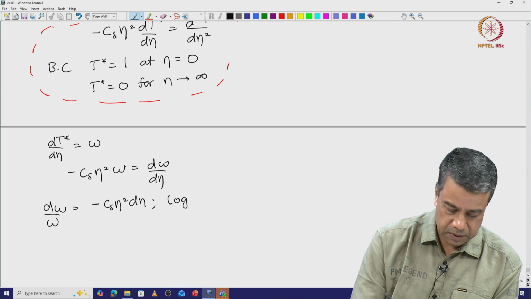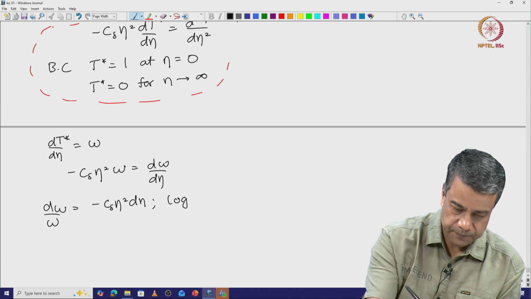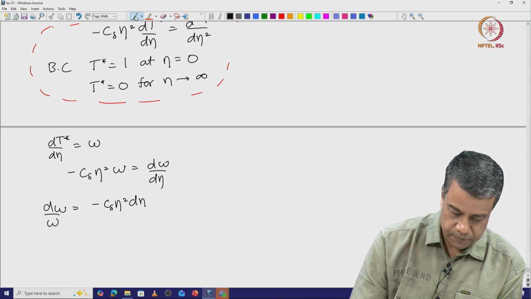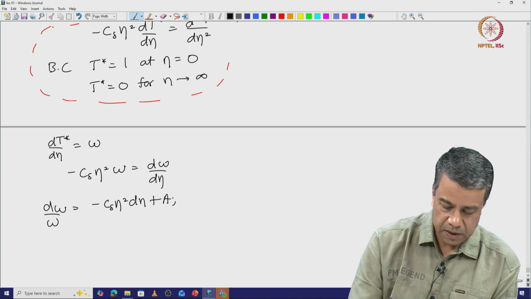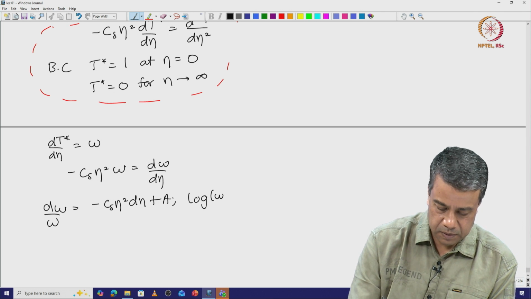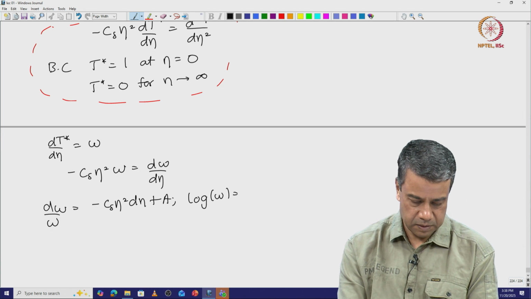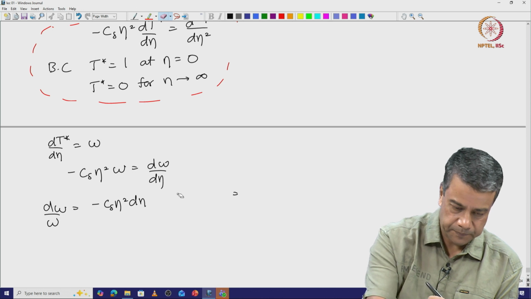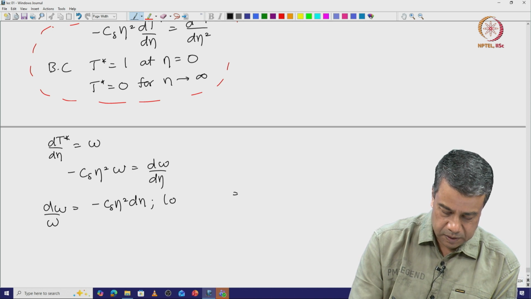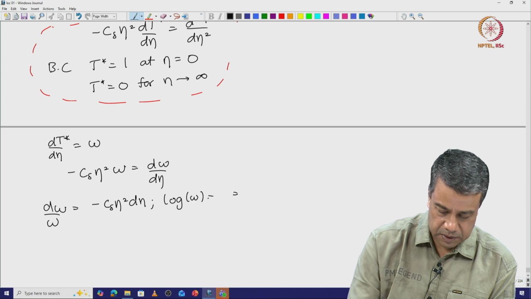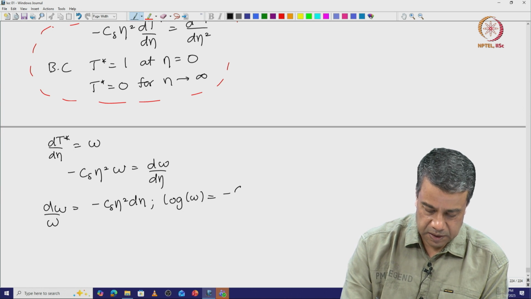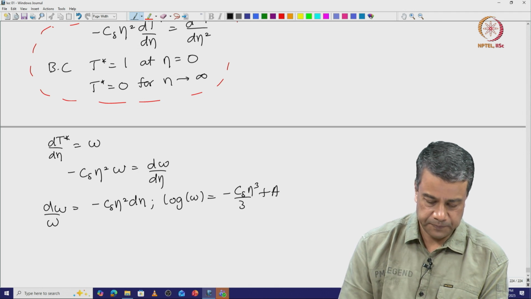Log of w is equal to minus c delta eta cubed by 3 plus a constant a.